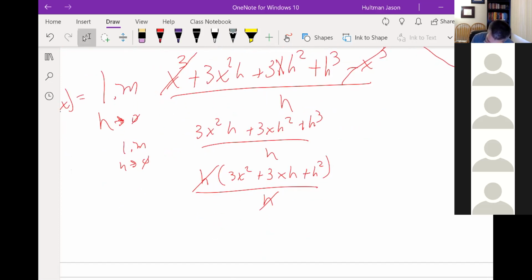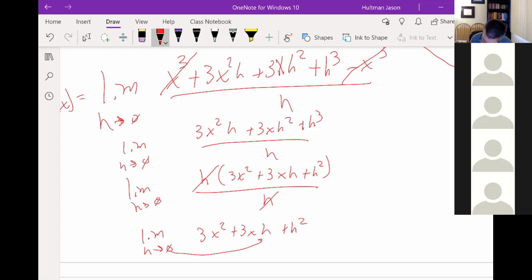And now I'm going to say the limit as h goes to 0 of 3x squared plus 3xh plus h squared. Now, the only thing that survives here is the first term. Why is that? Because if I plug in 0 here and I plug in 0 here, those go to 0, and I'm just left with 3x squared, which is not determined by h.